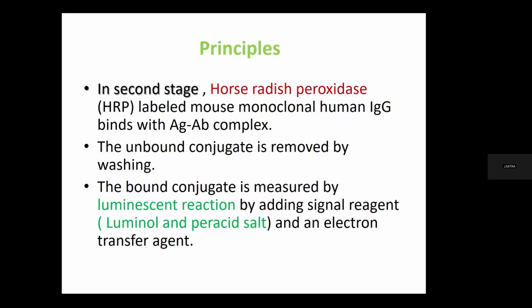The bound conjugate is measured by a luminescent reaction by adding a signal reagent, which is called luminol and peracid salt, and also by adding an electron transfer agent. So the basic principle is like ELISA, but in ELISA a colorimetric signaling reagent is added, whereas in CLIA technology a luminescent reaction happens and luminol reagent is added.